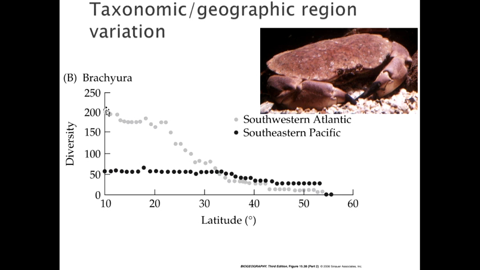Highest values in the low latitudes, and then these little gray dots decrease all the way as you go up in higher latitudes. Compare this with the Pacific, where I'd say that's pretty much a stable pattern over, what, almost 50 degrees of latitude. So there's some variation that can be teased apart here by basin.